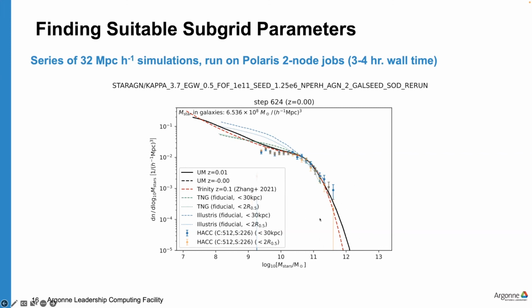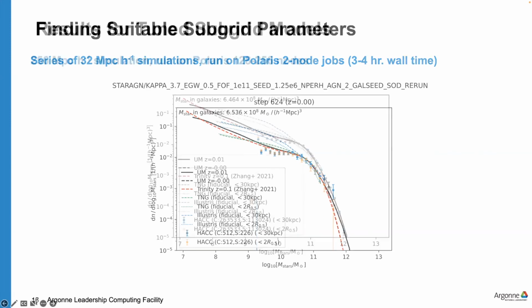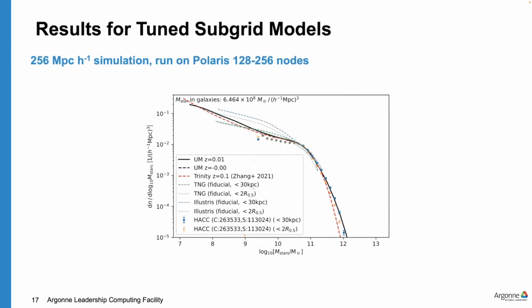That's because these cosmological volumes, 32 megaparsecs, are just too small for there to be large enough halos and large enough galaxies that would have objects representative of these large mass bins. So to do that, we need to run larger scale simulations. This is a 256 megaparsec simulation that was run on Polaris.